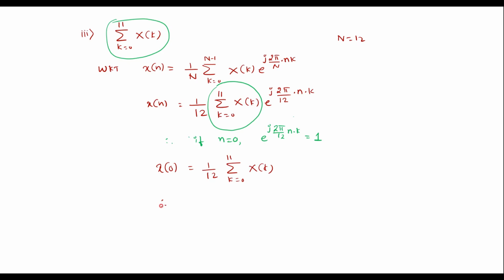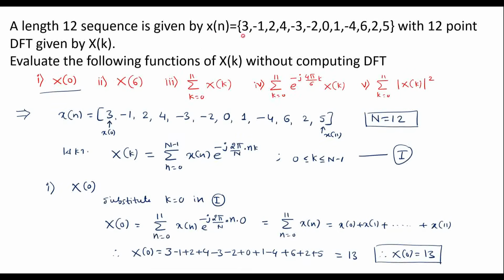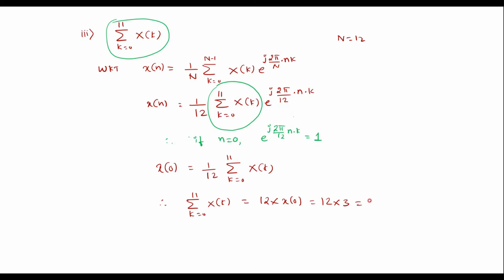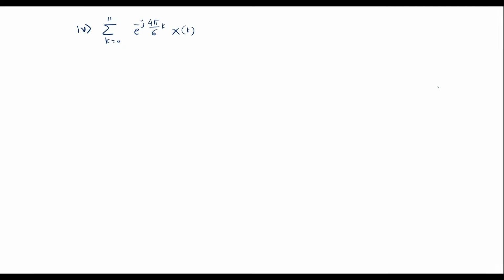So summation k equal to 0 to 11 x of k, taking the 1 over 12 to the other side, is 12 into x of 0, and x of 0 is 3, which is equal to 36.